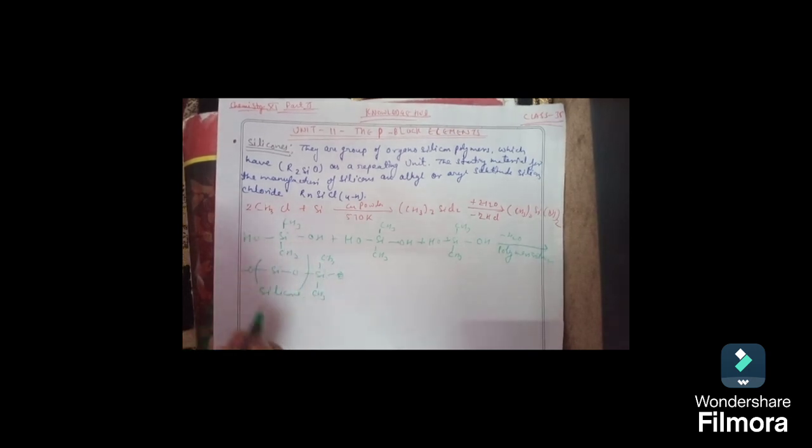In terms of it, the chain length of a polymer can be controlled by adding (CH3)3SiCl, which blocks the end, as follows.